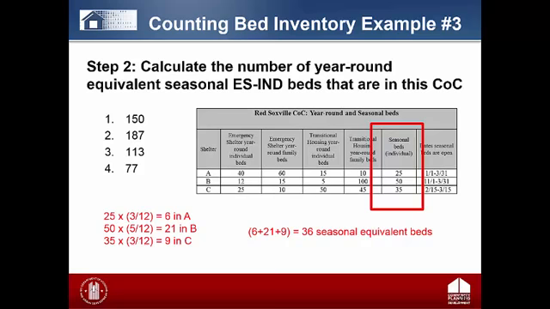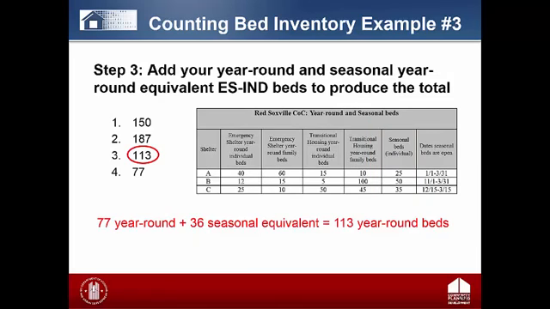This works out to a 6 year-round equivalent bed count in Shelter A, 21 from Shelter B, and 9 from the seasonal program in Shelter C. In total, there are 36 seasonal year-round equivalent beds in this COC. Finally, you add the 77 beds operating year-round to the 36 year-round equivalent seasonal beds to get your total of 113.